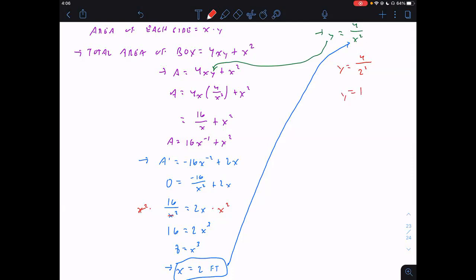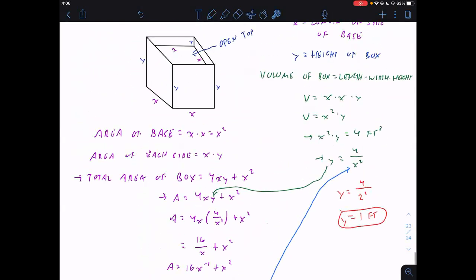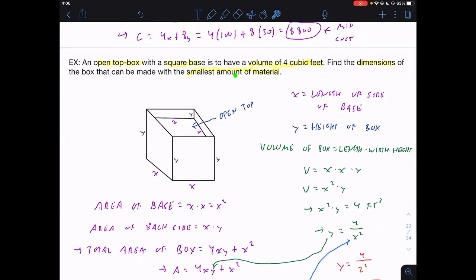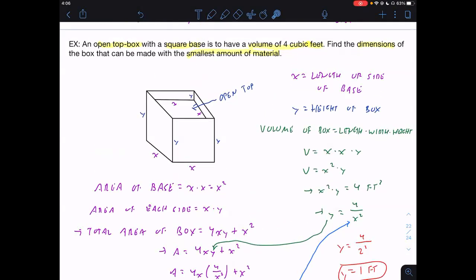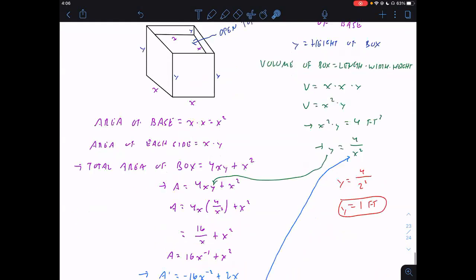So y has to be 1 foot. So if the side of each square base is 2 feet and the height is 1 foot, then that will minimize the amount of material that we need to make this box, which has to have a volume of 4 cubic feet.